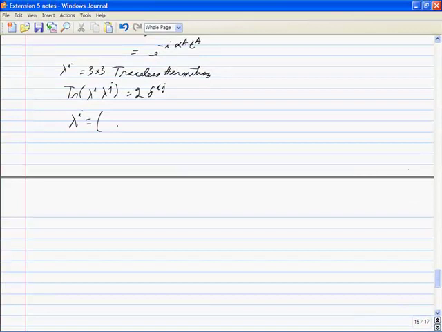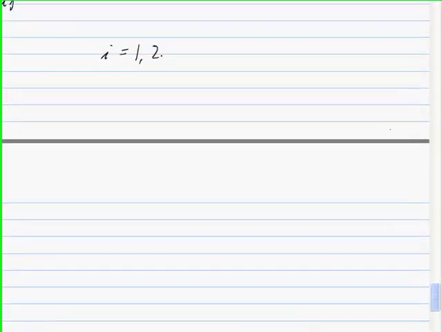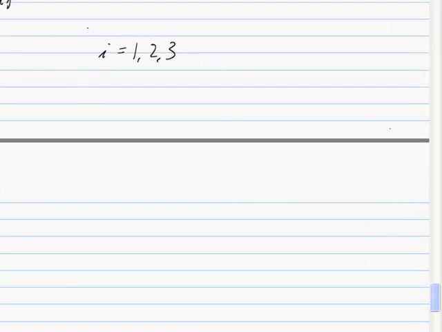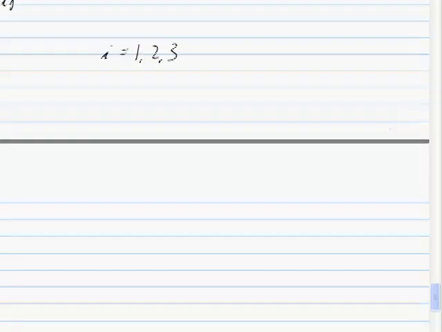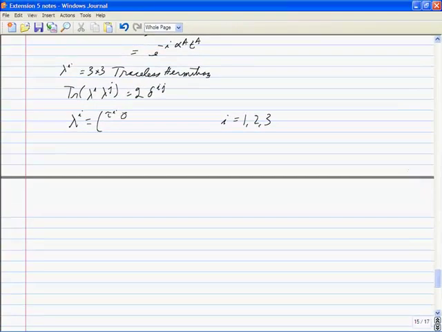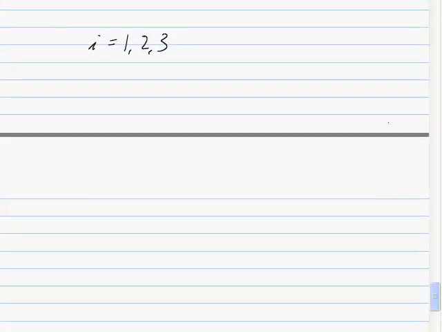Just to show you why that could work: if I take lambda i with i equals 1, 2, and 3, they are almost always chosen to be the Pauli matrices, with zeros everywhere else. So the fact that you embed the Pauli matrices with that same normalization gives you the 2 instead of the n.